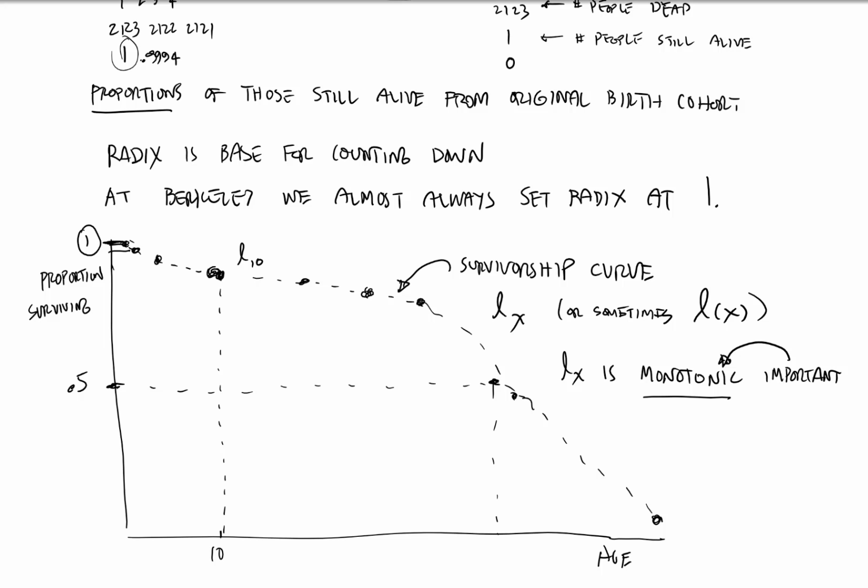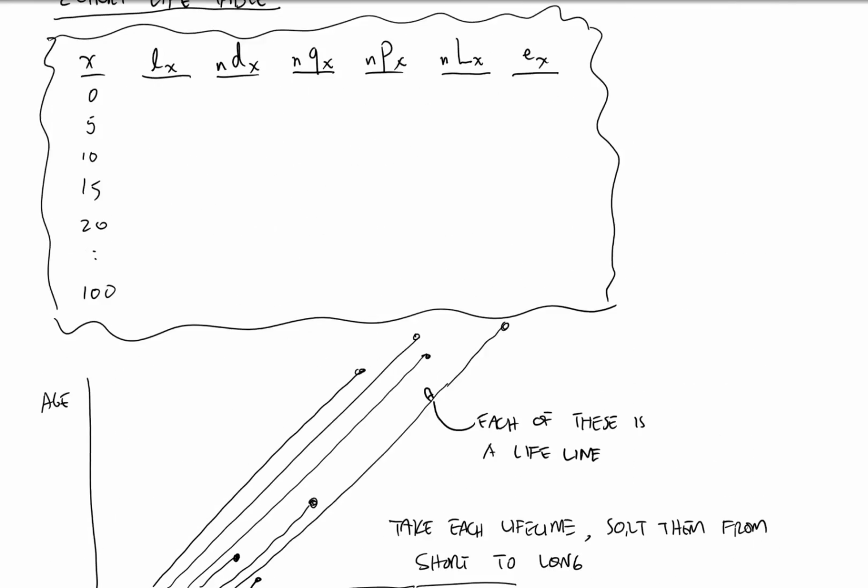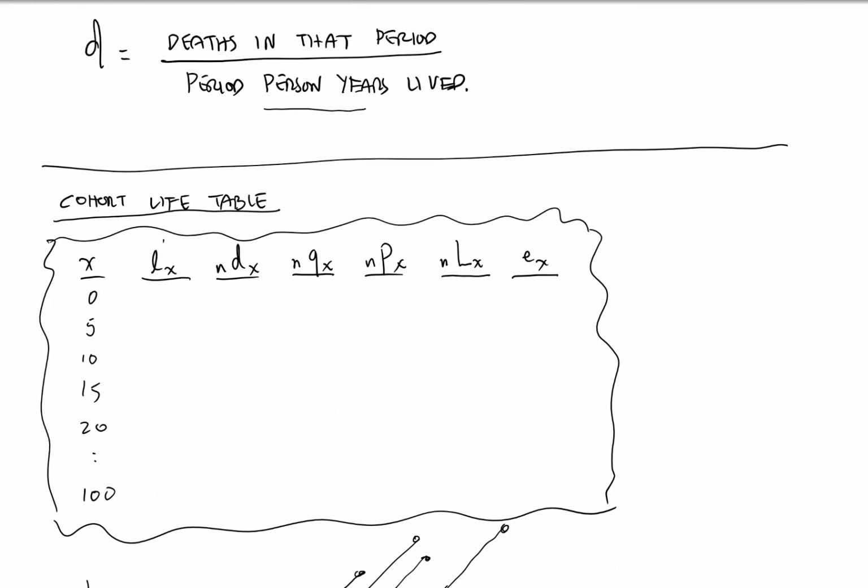So L10 is either the proportion still alive at age 10 or the survivorship to age 10. That is actually the very first column of our life table, the L sub x. Now we know how to calculate L10, and we could count down here and find out what age 0.5 of the people are still alive.